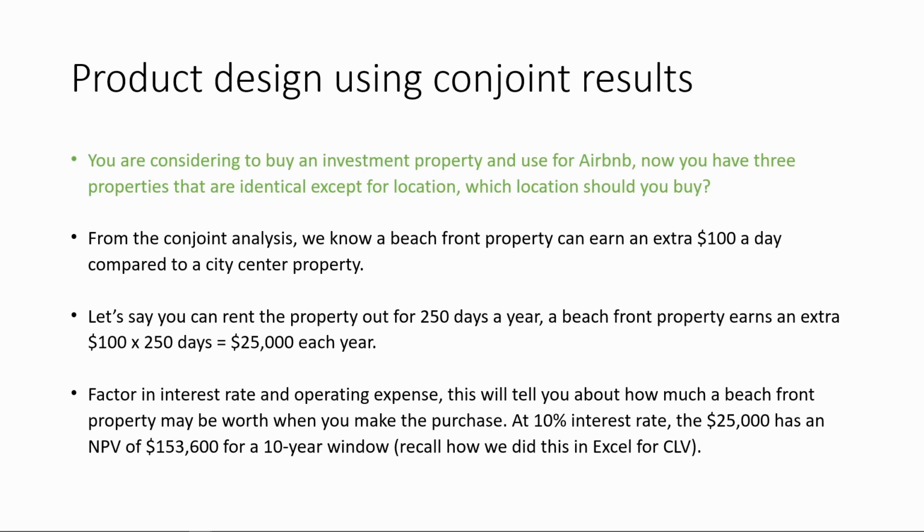If, however, the beachfront property is far more expensive, let's say $200,000 more expensive, then it's larger than the NPV, then that hefty price tag may not be worth it. So as you can see, such conjoint analysis results can help you decide how to design or acquire a product on a feature and a dollar value basis.